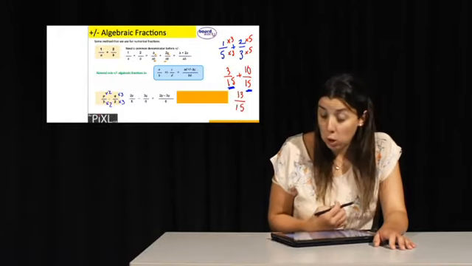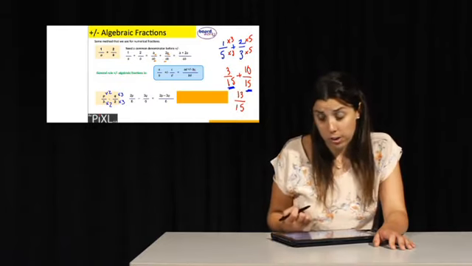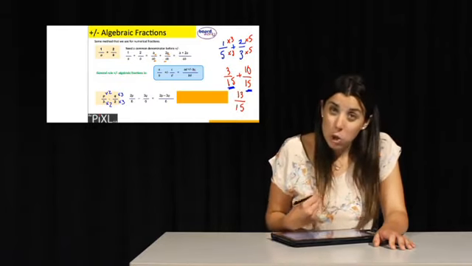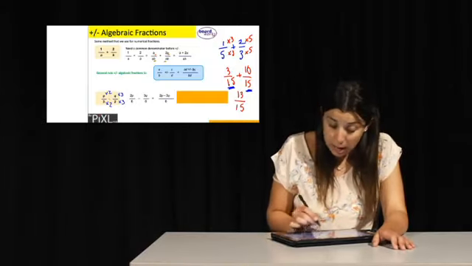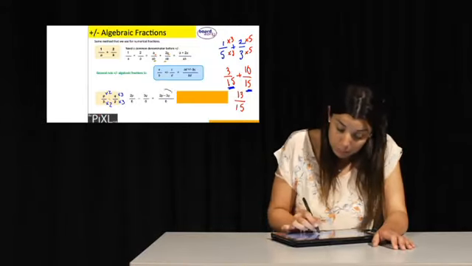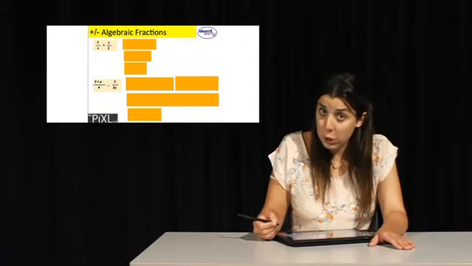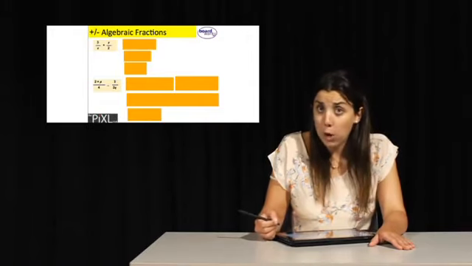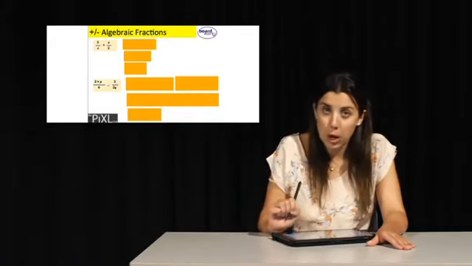We don't know what p and q are, so we just leave them, the algebra, in the actual answer. You won't be asked to work out the numerical value, but instead expressing your answer using algebra, which has been done here. You now have on the next page 2 examples, one addition and one subtraction of algebraic fractions for you to try on your own. You have 3 minutes, off you go.